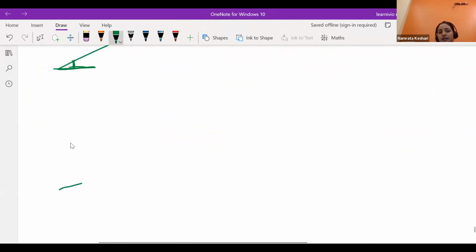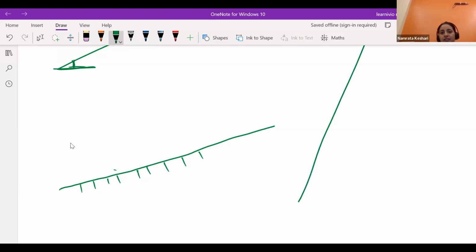If the stair is like this, it will take less energy, it will be easier to go to the top. But if it will be like this, it will be really difficult, right? Are you understanding? So we would say that this one is steeper than the previous one.